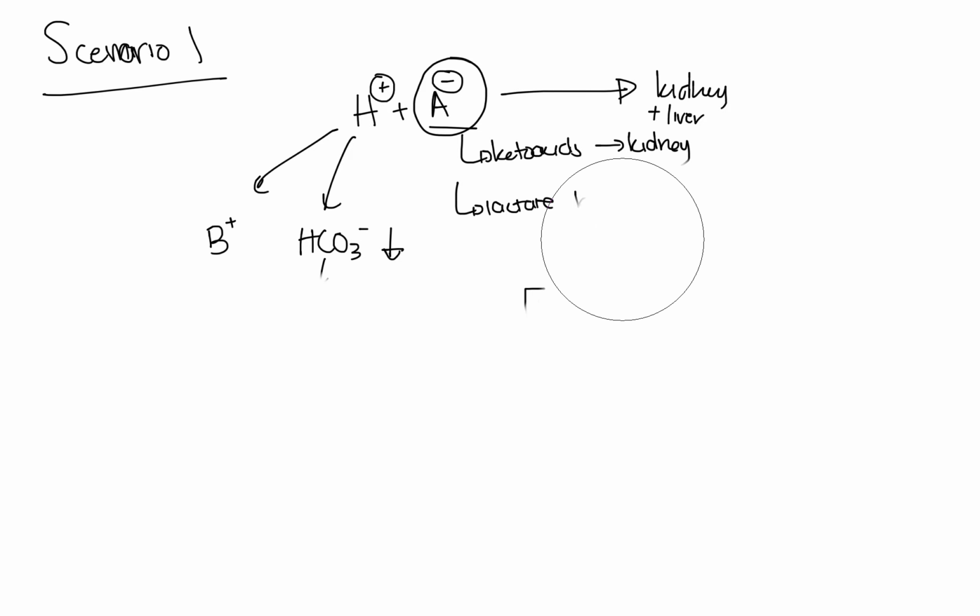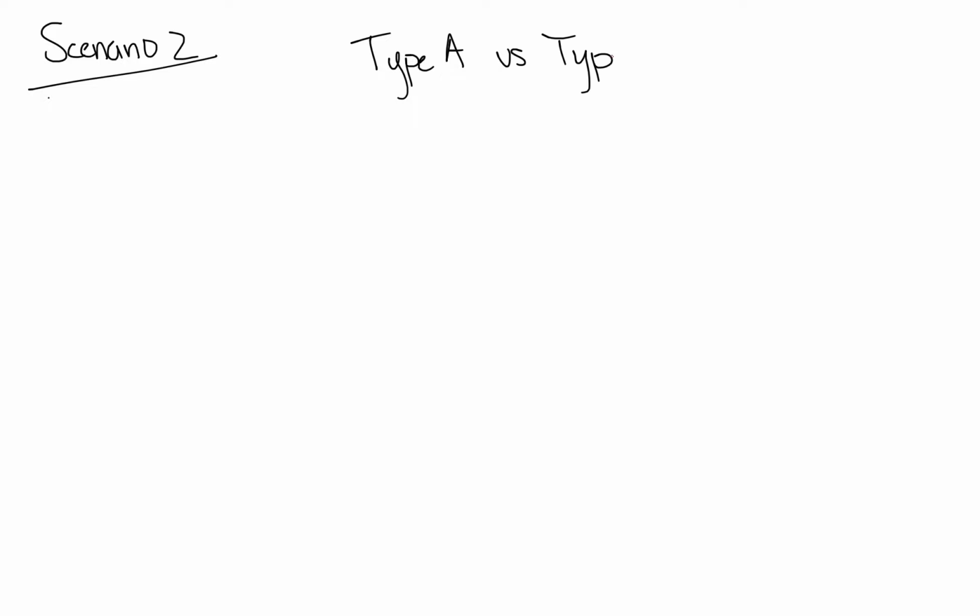Scenario 2 that we're going to talk about is lactic acidosis. As you probably all remember, there's type A versus type B lactic acidosis. Type A lactic acidosis is the one that we're all used to. This is the shock, the tissue hypoxia.